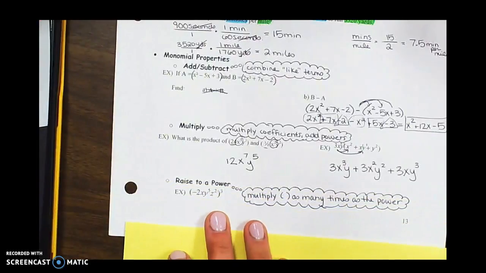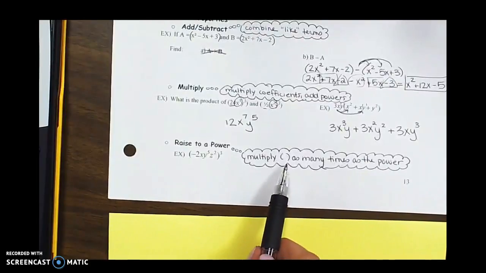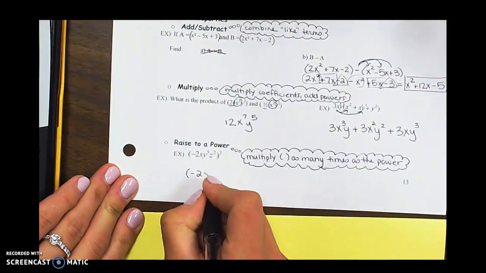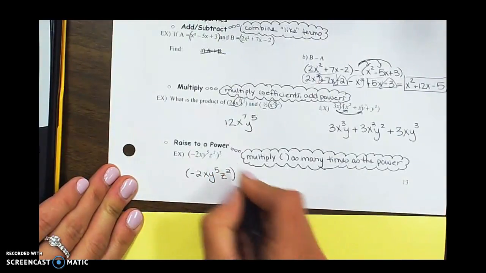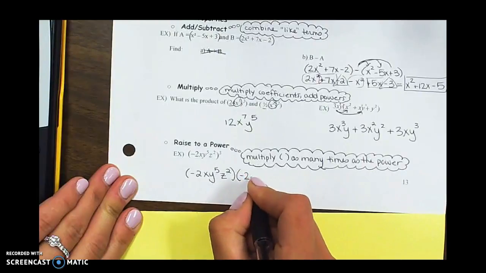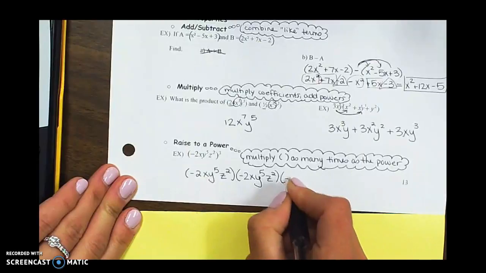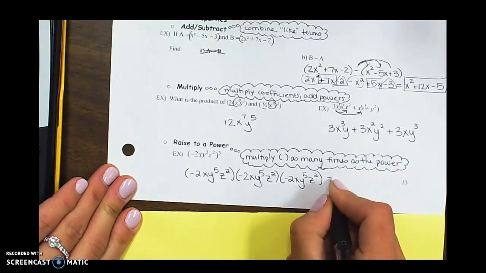Okay, raising to a power. When you raise polynomials to a power, you're going to multiply the parentheses as many times as the power. So here we're going to write out the parentheses 3 times. Okay, and then we just have to multiply.